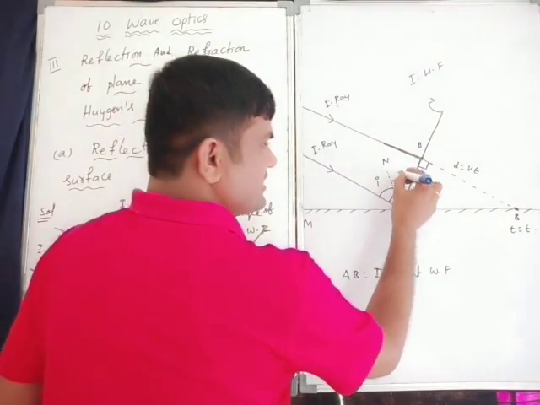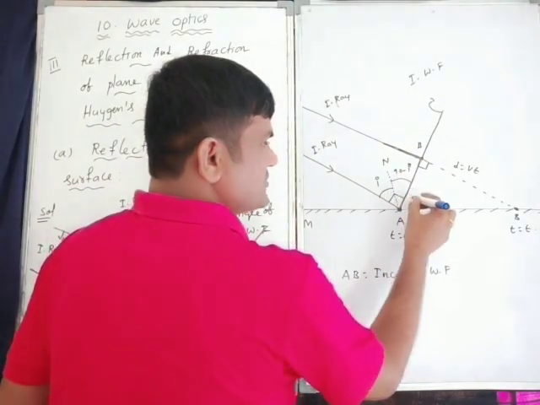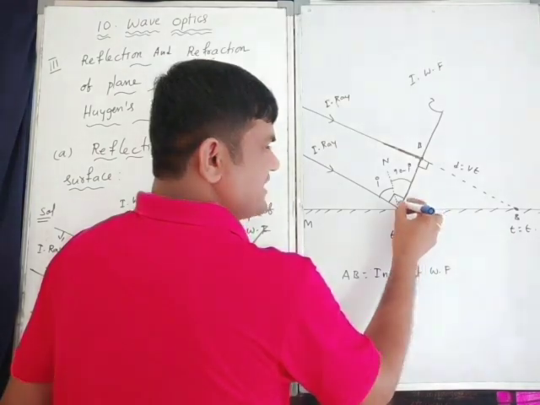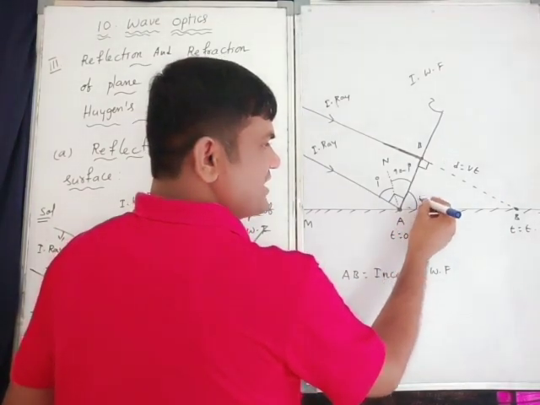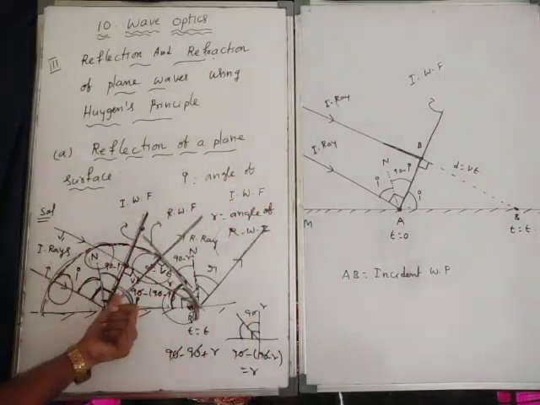This angle is how much will come? 90 minus I, so this total angle is 90. So this one how much will come? I will come. I gave an explanation here already.